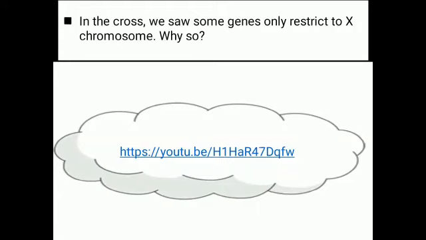We saw that some genes are only present on the X chromosome, not on the Y. So, what is the reason behind that? Let's find out the answer in the next video.